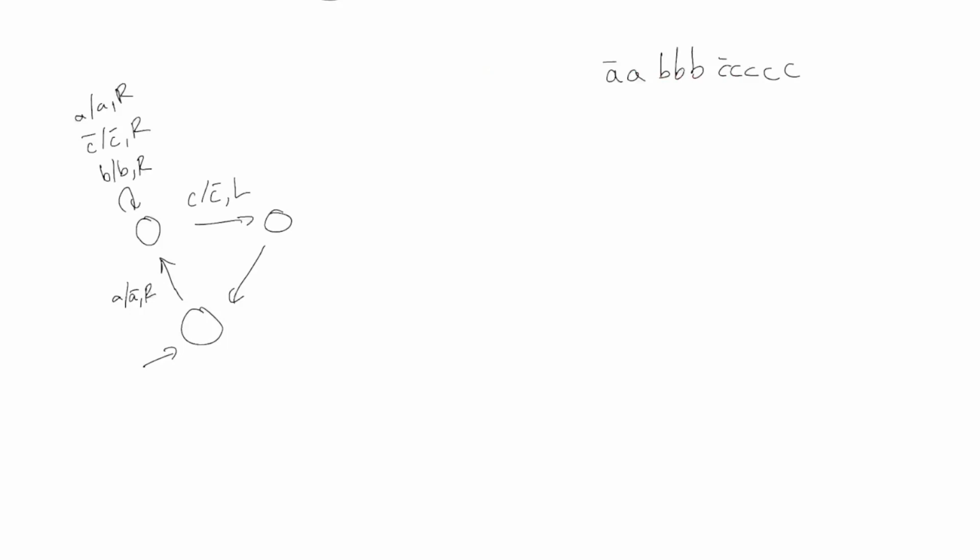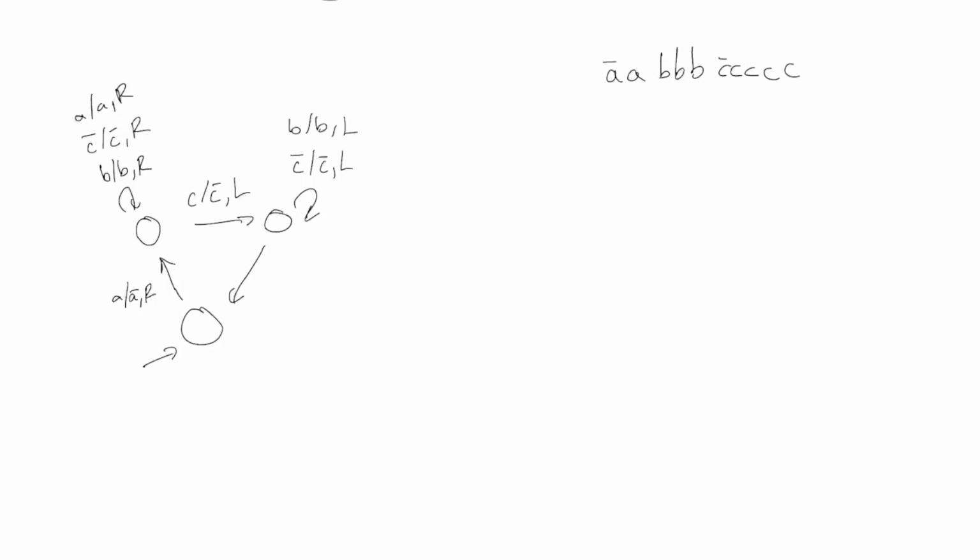And then I should go all the way back to the left, so there's going to be a little loop here, which will say A, not A. What am I moving through as I go to the left? I may move through C bars, C bar, L. I may move through B's, BBL.